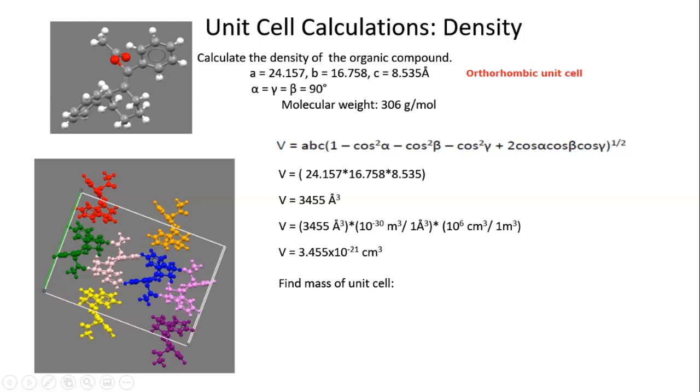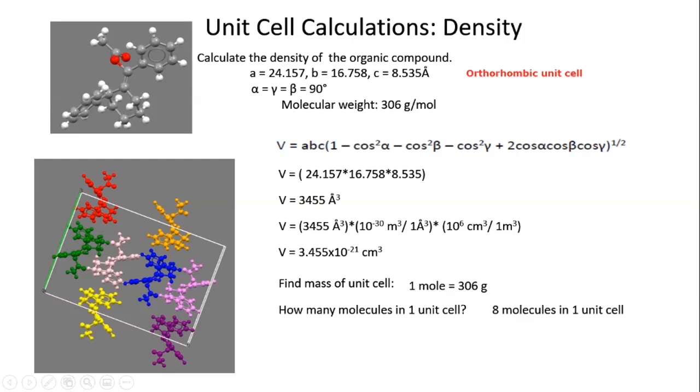Now again, the way they generate these 8 molecules, which is through symmetry operations, we'll learn about later. Hopefully by the end of the course, you should have the tools to generate this picture yourself. So we know 1 mole of this compound is 306 grams.